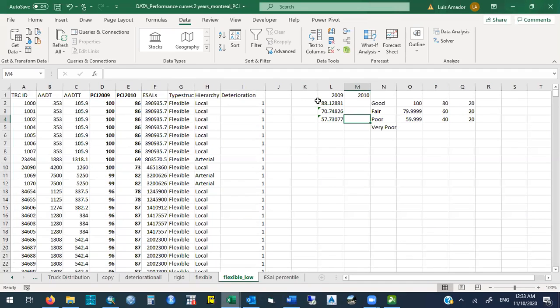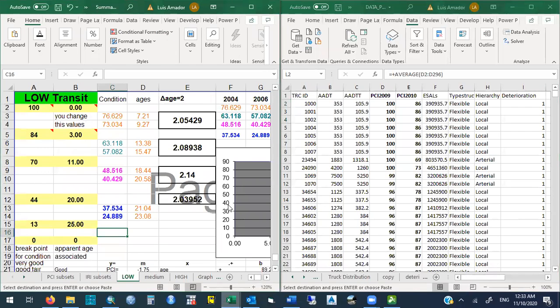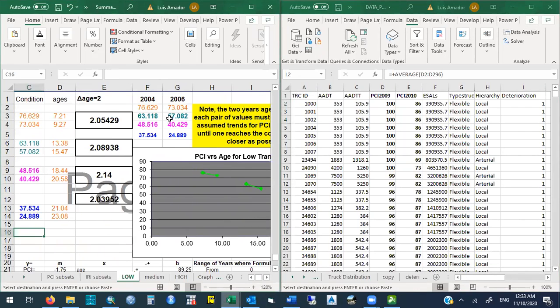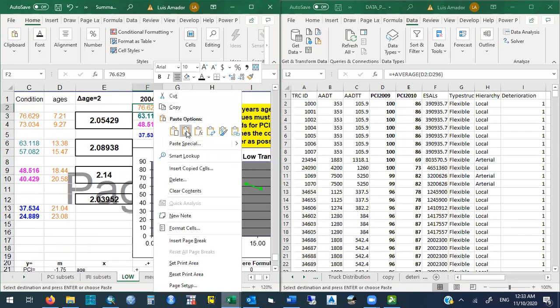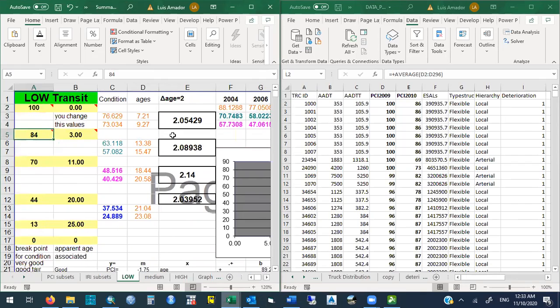Okay, so now this one is the same, but it's for 2010. In this case, it's next door, so I can just drag it. And now I have my values, so I can go with these values now into my calculator. Now, 100 is 0, that's fine.